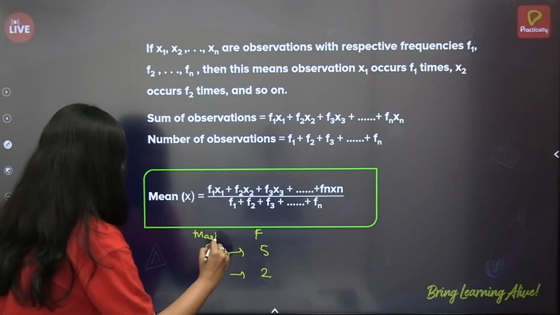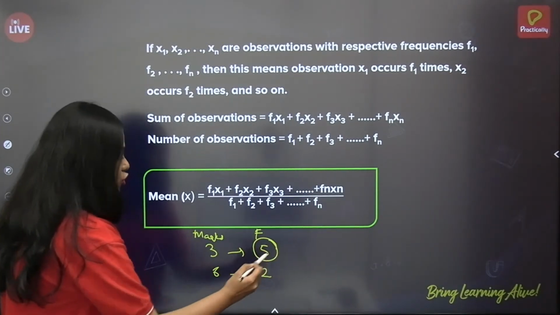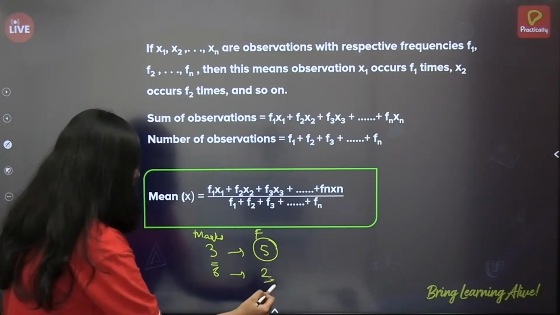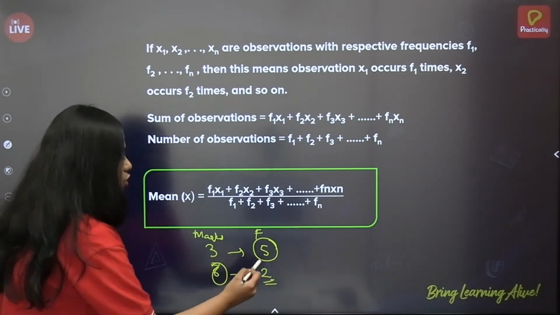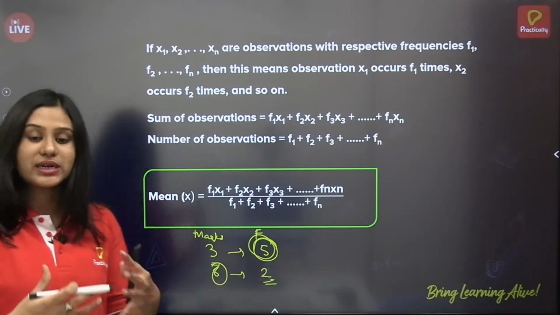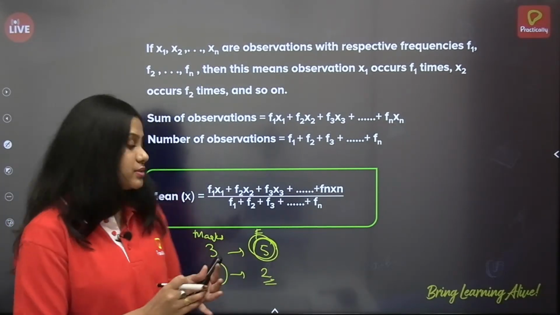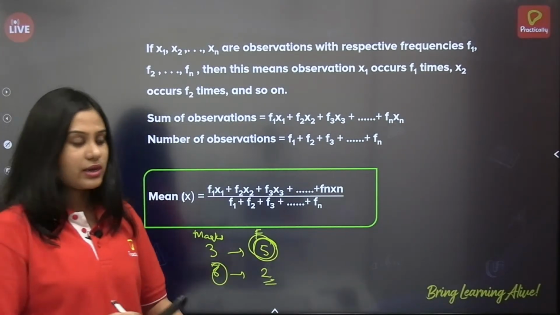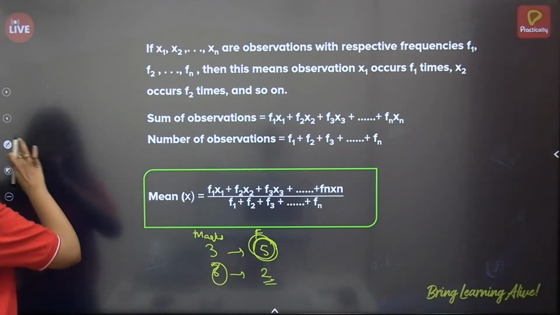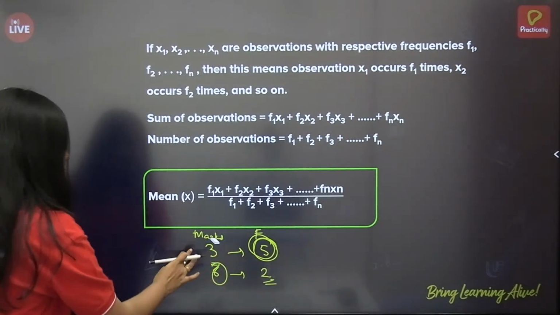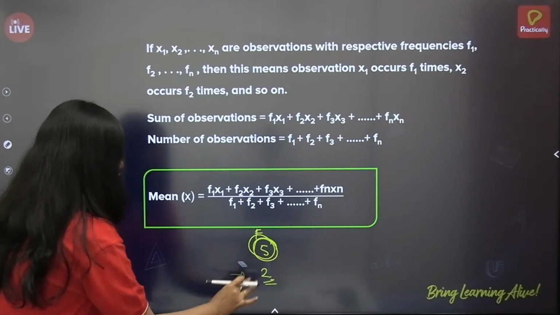So here 5 people got 3 marks, 2 people got 6 marks. So frequency is nothing but how many times the observation is recurring, correct? Alright, now we know what frequency is.